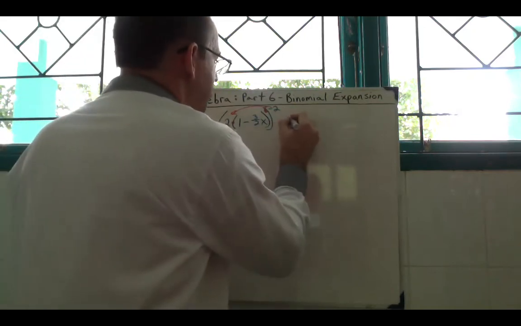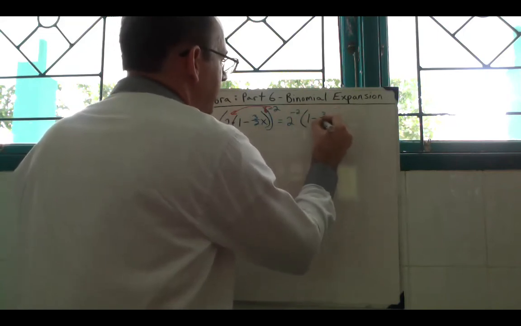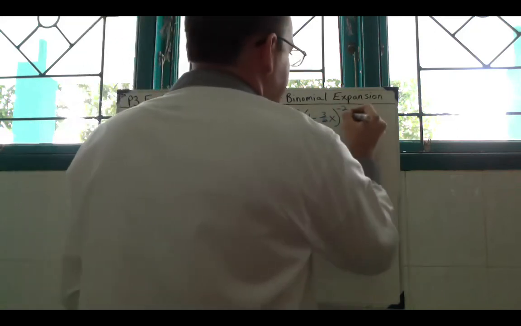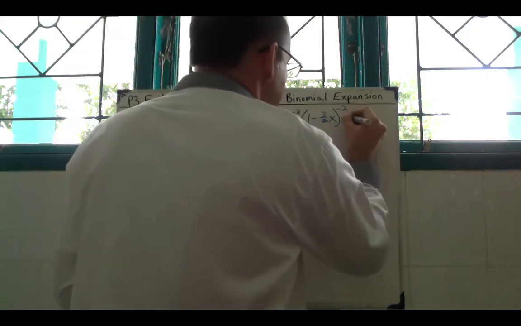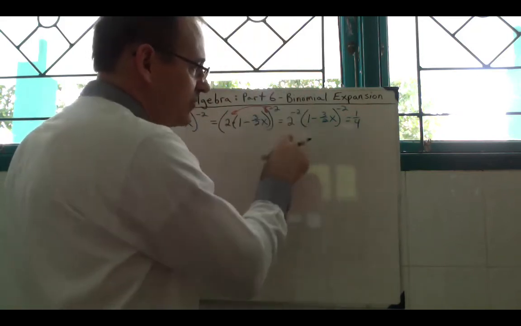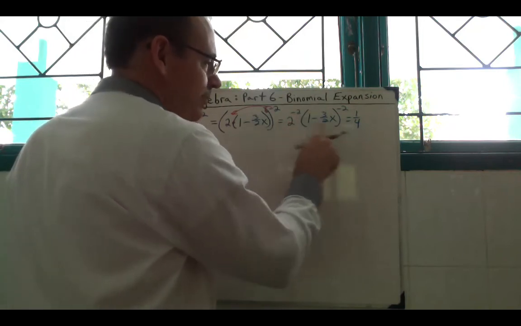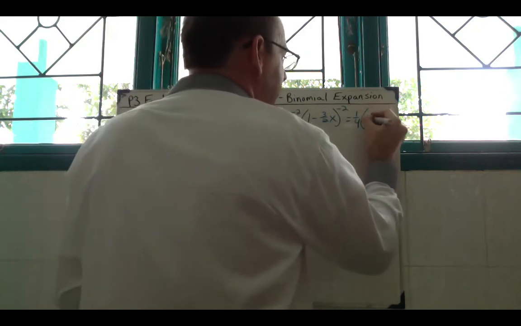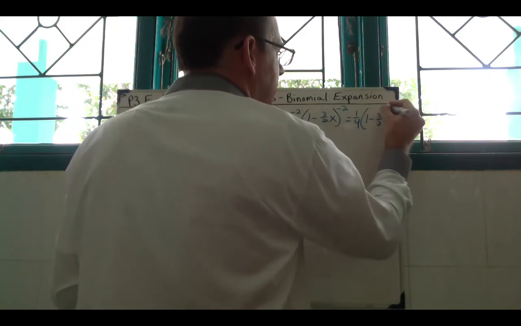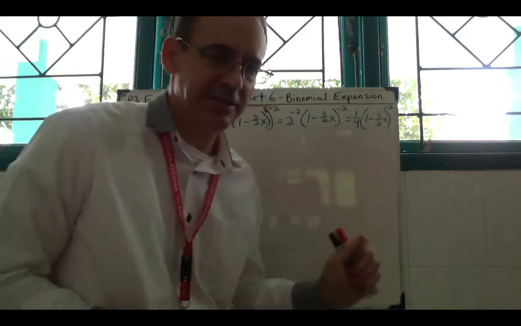So this becomes 2 to the negative 2 times 1 minus 3 halves x to the negative 2, which equals 1/4. So remember, the negative flips it over as a fraction, and now you have 2 squared in the denominator, which is 4, and you have 1 minus 3 halves x all over negative 2. So this negative 2 stays up there. We don't want to make that a fraction.